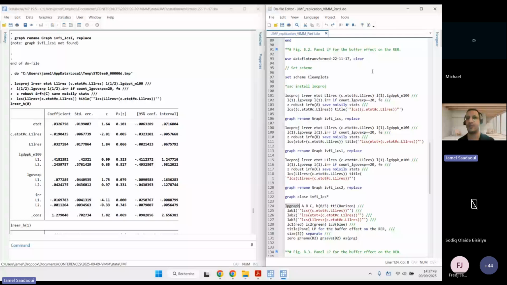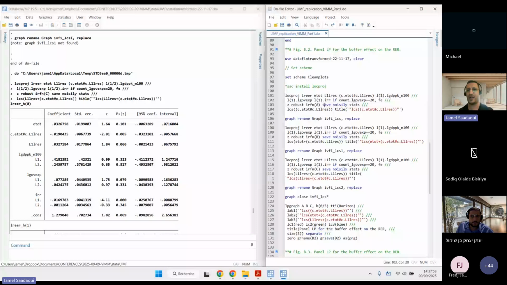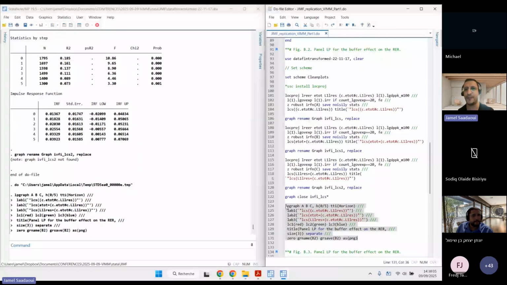The first is A, the second is B, the third is C, and I save them. Don't forget to save them. Then you can make a graph. So I make this graph.